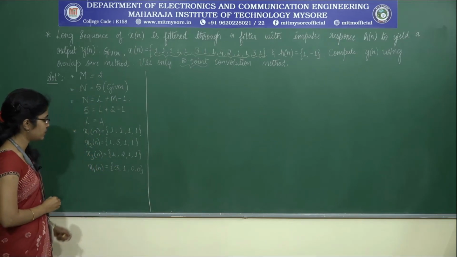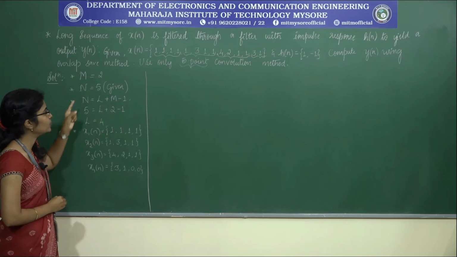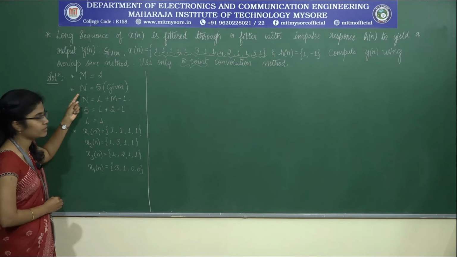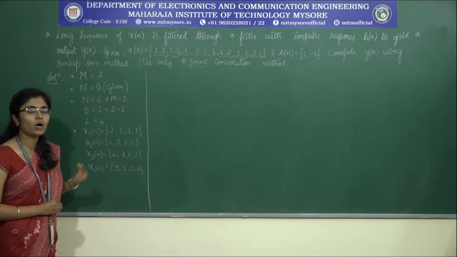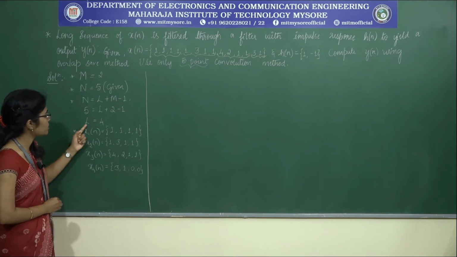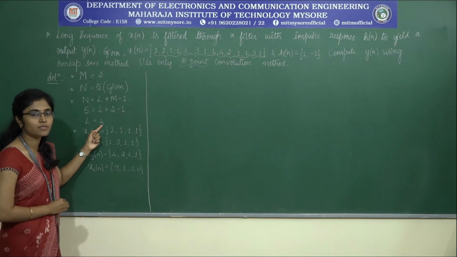In the next step, I need to compare the length of h of n with n. The length of h of n is 2, but the given length of n is 5. They are not matching. So I need to append L minus 1 zeros at the end of h of n. The value of L is 4, so L minus 1 gives us 3.